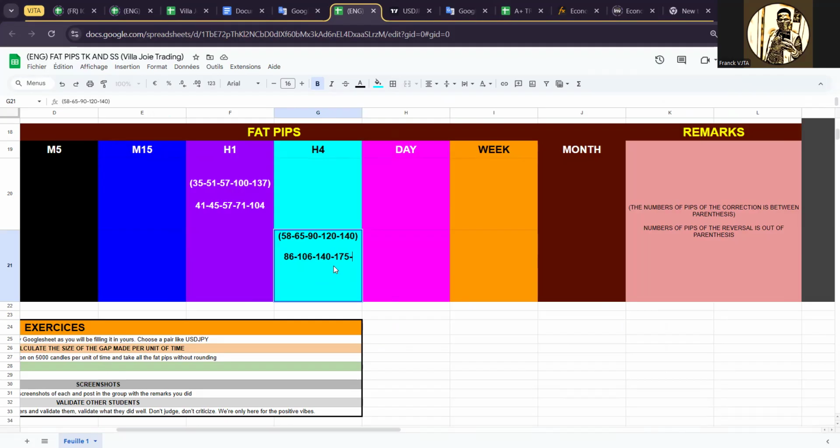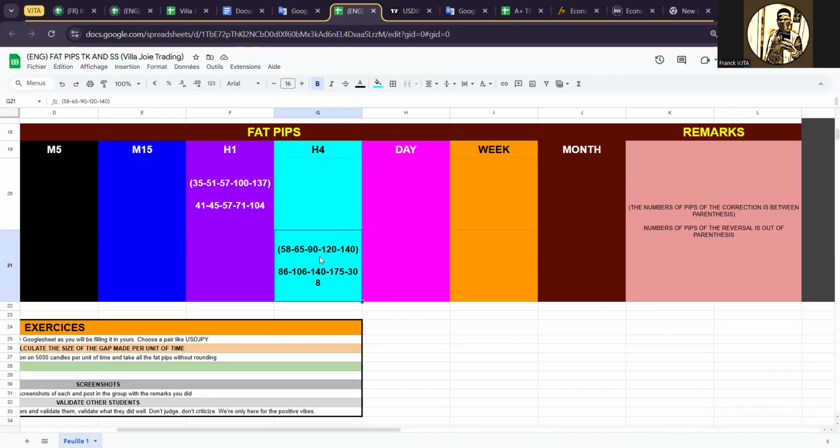Normally, the reversal size number of pips must always be higher than the correction one, but that's not how it works with Ichimoku. Some correction number of pips can be bigger than the cloud. But it's not about thinking in terms of big or small. It's not about comparing both.